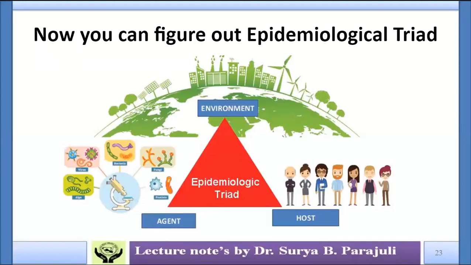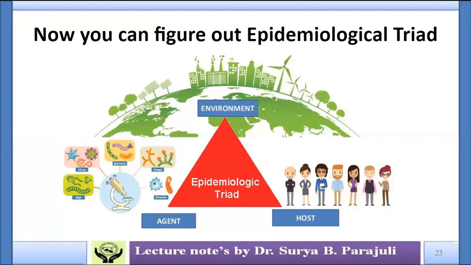Based on knowledge of time, place, and person distribution of any disease or health event, we have to fix the equilibrium between agent, host, and environment. There is a disruption of equilibrium between agent, host, and environment in the current context of COVID-19.